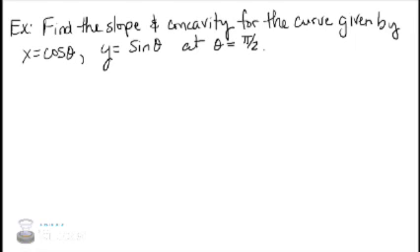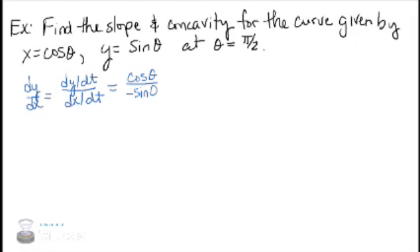So we're going to use the formula that says that dy/dx is equal to dy/dt over dx/dt, as long as dx/dt is not 0. So what is dy/dt in this case? So we're taking the derivative of y equals sine theta, so that's going to be cosine theta, and dx/dt will be negative sine theta, the derivative of the cosine.